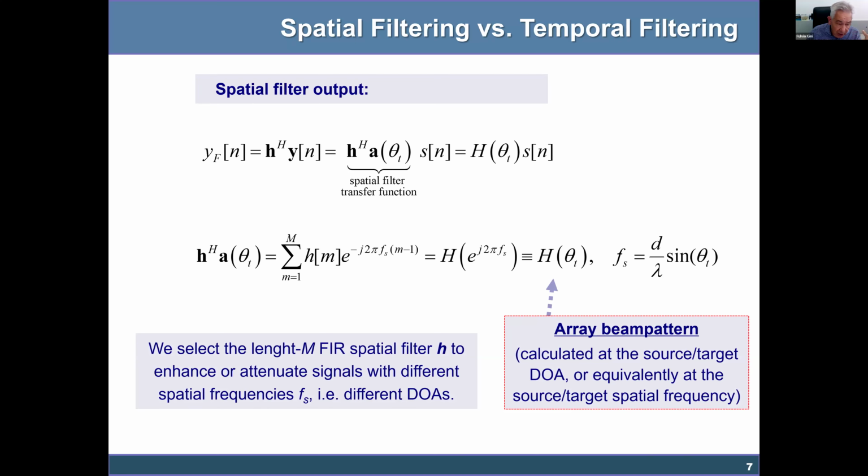If the array is not a ULA, this inner product is no more the discrete time Fourier transform. It's something else, whatever it is. You have to calculate this inner product and then you find the array beam pattern. But in the case of a ULA, the beam pattern is the Fourier transform of the impulse response of the spatial filter. Okay.